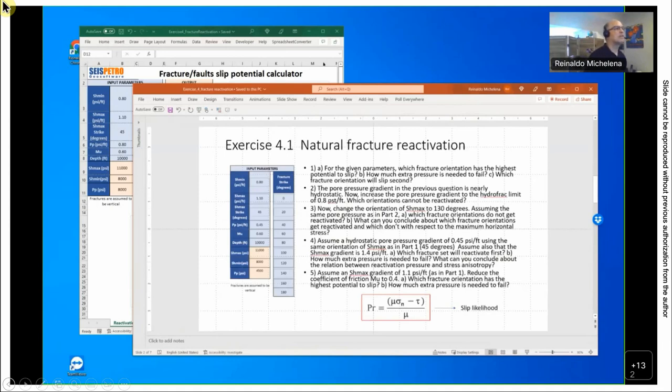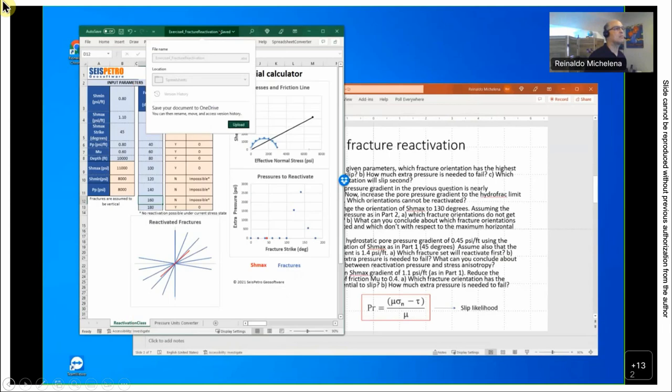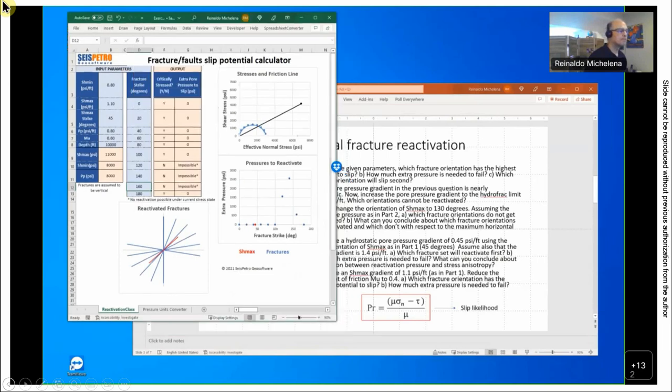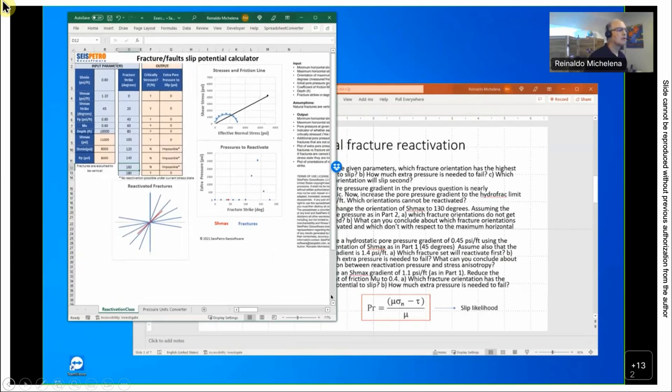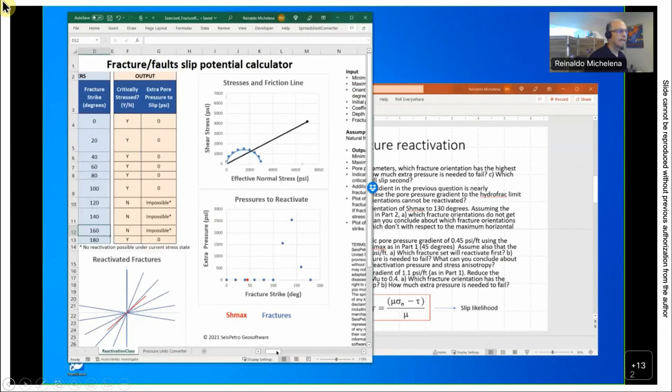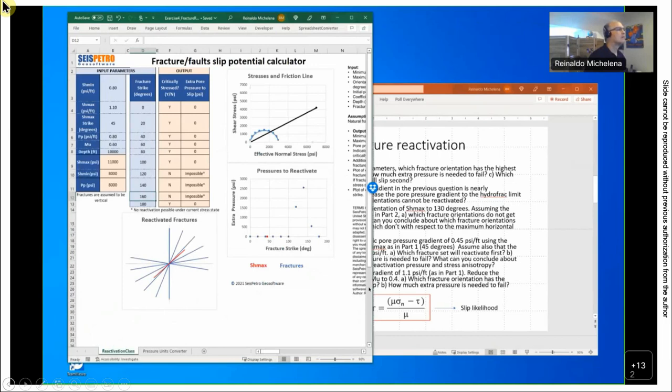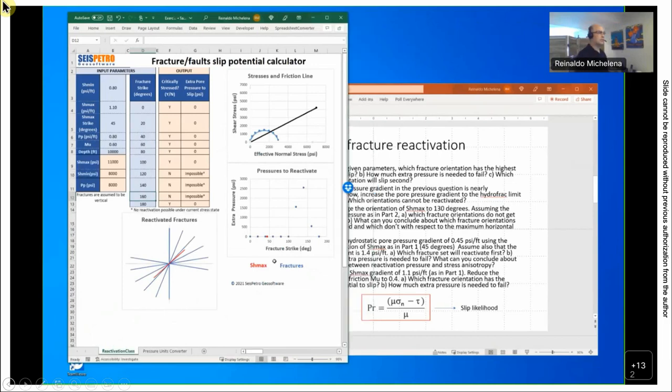Before going to the exercise, let me show you the spreadsheet. So what do we have in the spreadsheet?